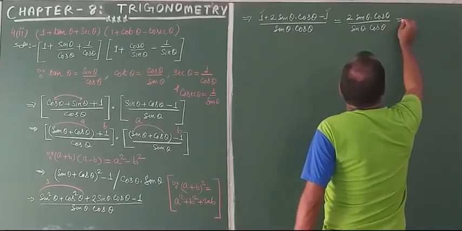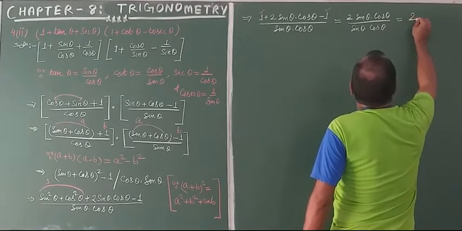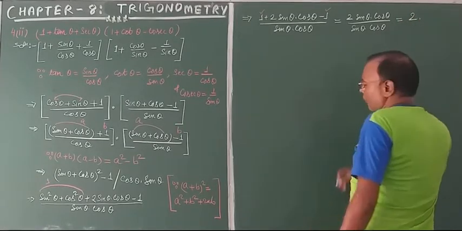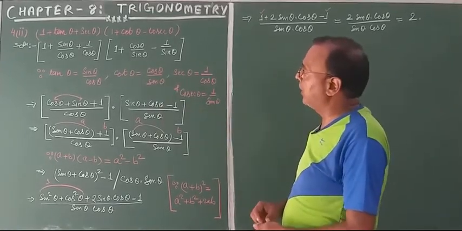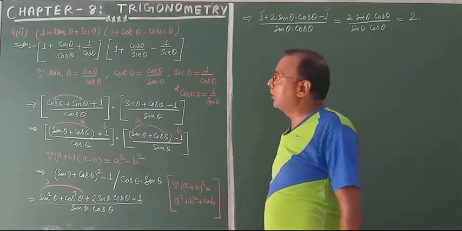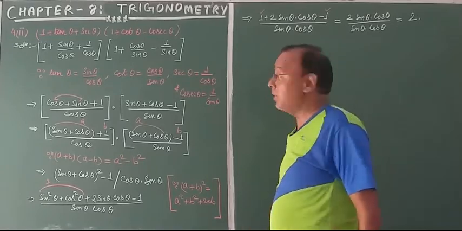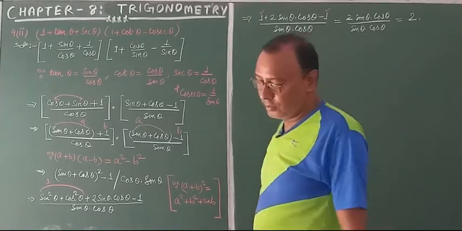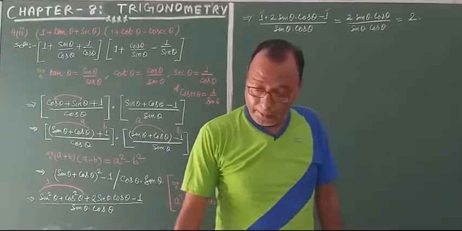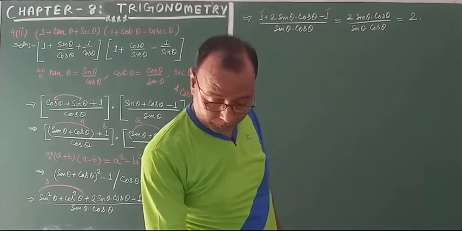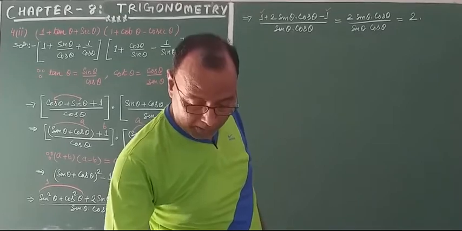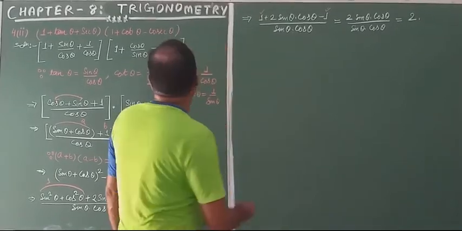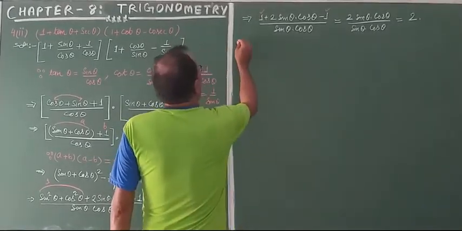Sin theta and cos theta will be cancelled and you will get 2. So the value of (1 plus tan theta plus sec theta) into (1 plus cot theta minus cosec theta) is 2. Now we have fourth question, third part.